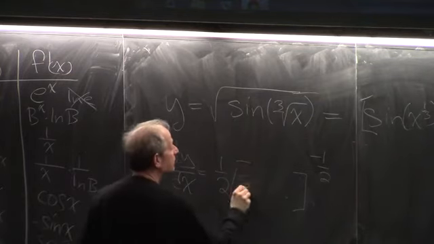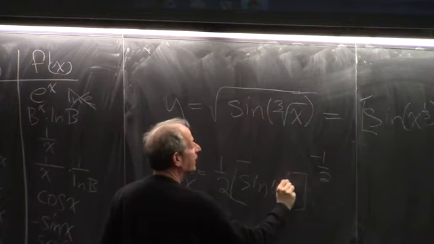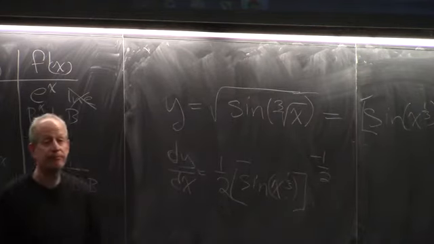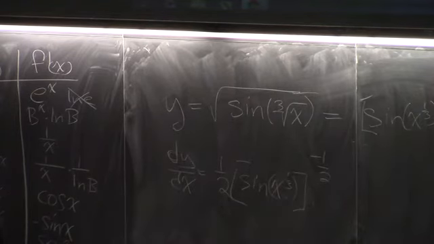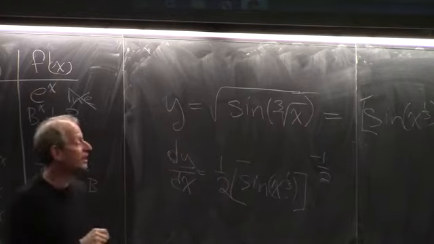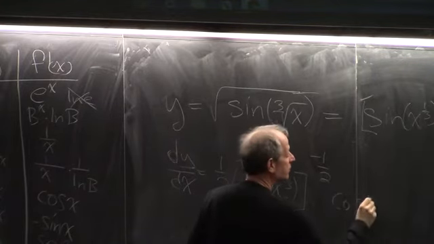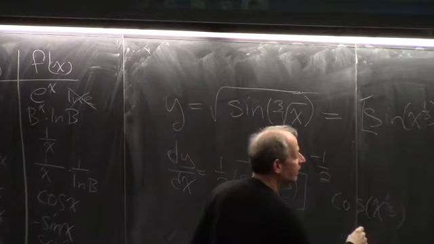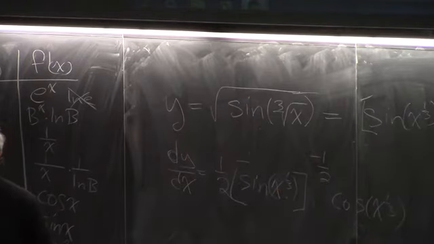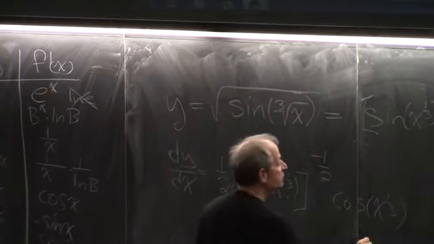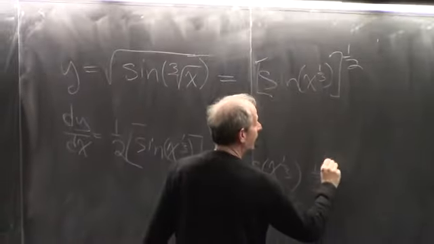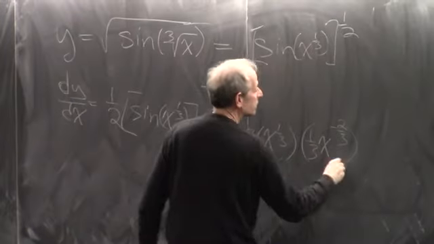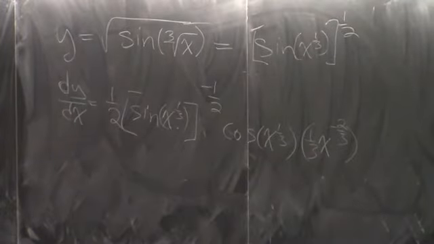So the inside is sine of x to the third. Now we have to do the derivative of sine of x to the third. That's cosine of x to the third. And then we have to do the derivative of x to the third, which is 1/3 x to the negative 2/3. Okay? How do we do? Good? We all do that one? It's going to make me very happy.